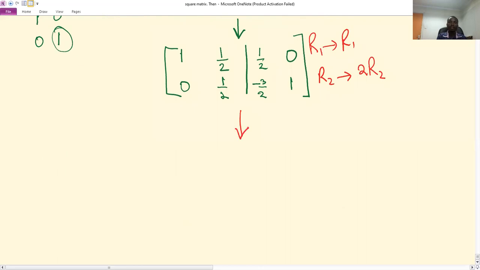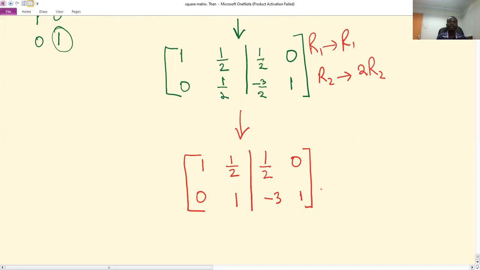Now this will transform this matrix into 1, a half, 0, 0, 1. This will be -3, and this is 1. So that's what we get.